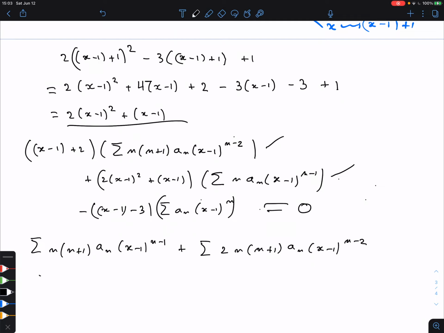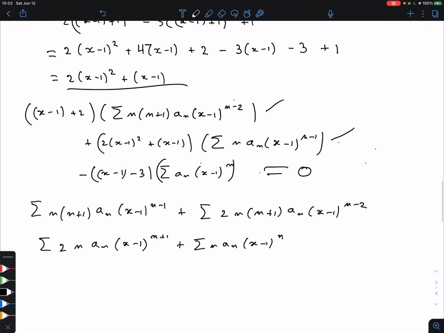Okay, so I expanded this one, so now I have to do this one here. That is the summation of 2n, and the power I'm getting is n plus 1. So this is one of the higher ones here. We said this is going to happen, right? Plus the next expansion is the summation of n a_n (x minus 1) to the n. That's a nice one.